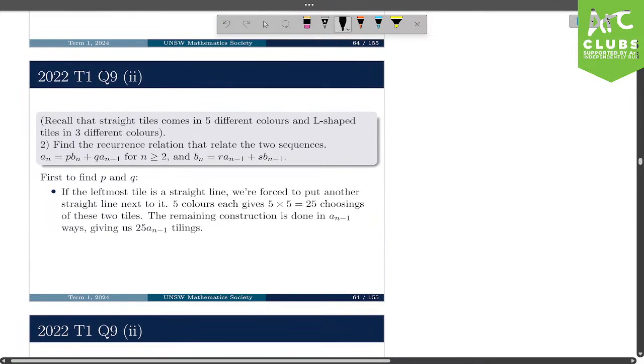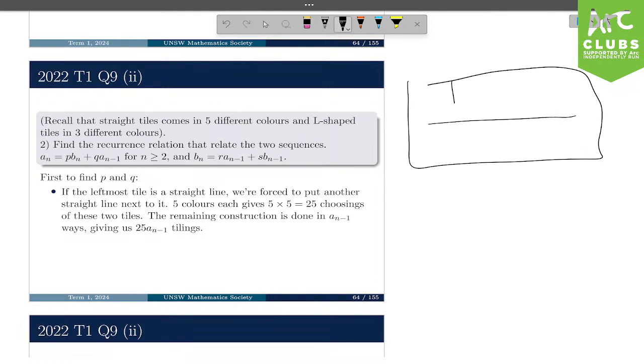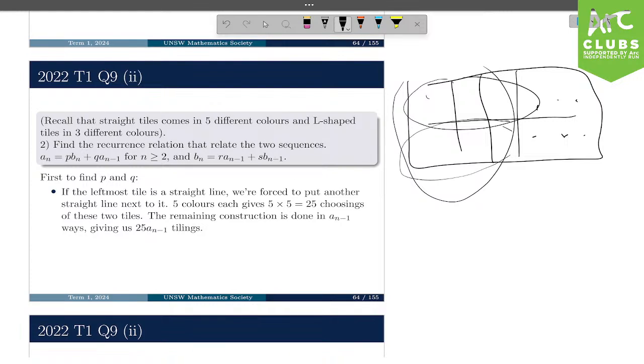We're going to see that if the leftmost tile is a straight line, so let's assume I have some grid of ANs, and I'm going to consider the leftmost 2 by 3 part. If I put a straight tile at the very end, I'm forced to put a straight tile underneath it, okay? So this means that we've got something inductive or reducing going on.